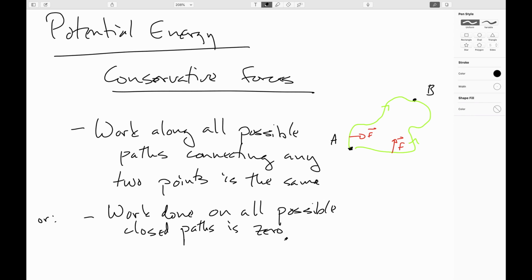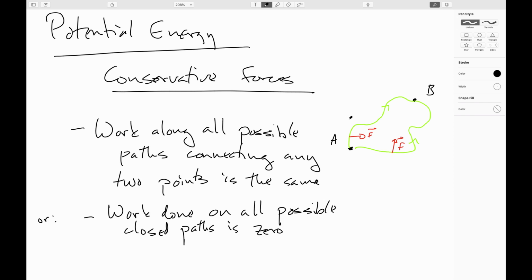And to see how this is equivalent, if the work done from A to B is, say, W, if I were to go from B to A, it would have to be negative W. Just because I would be displacing in exactly the opposite direction.